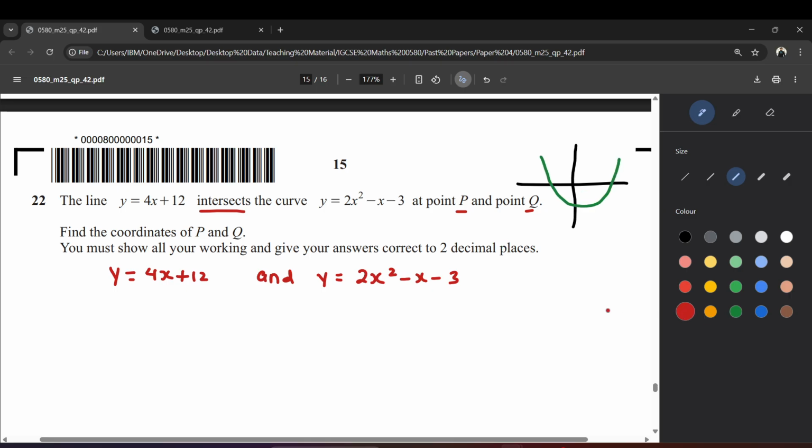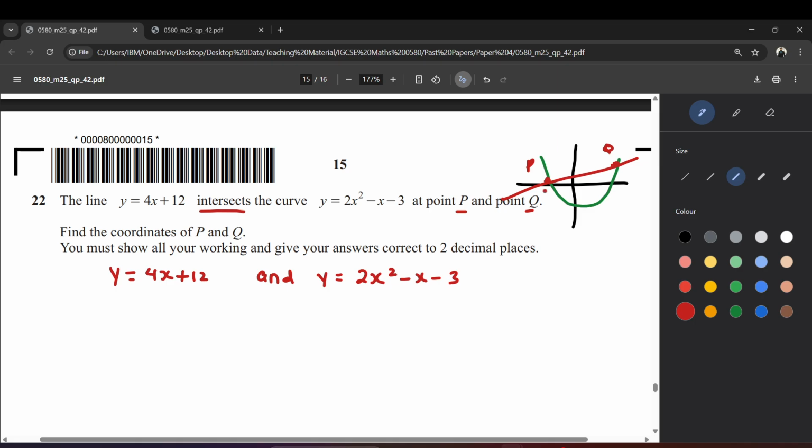As for the line y equals 4x plus 12, it should look something like this. Here you can see that there are 2 points of intersection. One of them will be P, the other will be Q. They could be the other way around, we don't know that. But this is what it looks like.